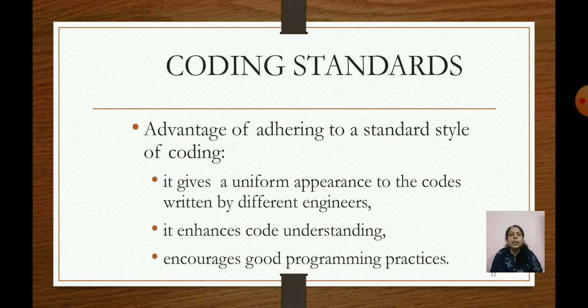It enhances code understanding, meaning any programmer can easily understand the program. It also maintains a standard format and encourages good programming practice. So these are the advantages of coding standards: uniform appearance and easy to understand.